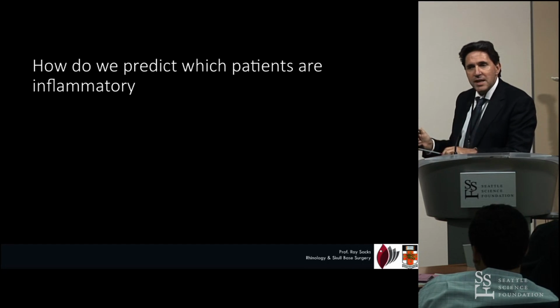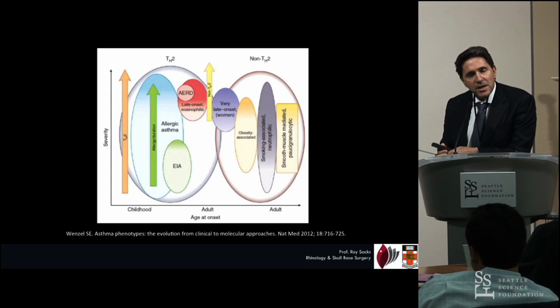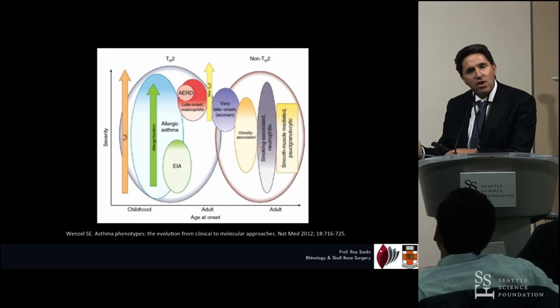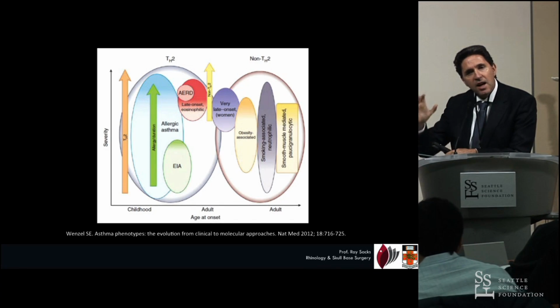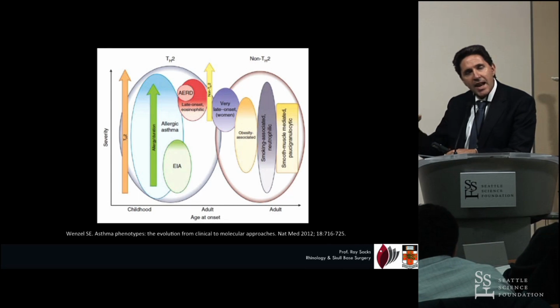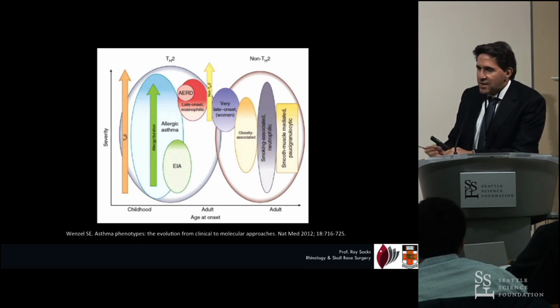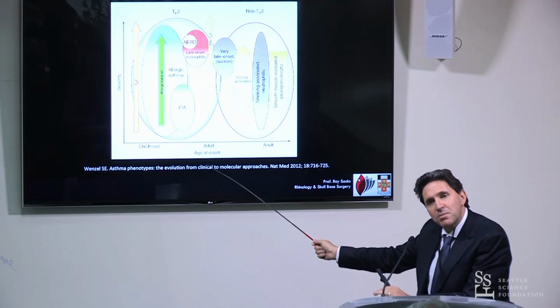So how do we predict which of our patients are inflammatory? Well, let's look at the asthma literature, because in asthma there's huge funding. So much research has gone into asthma over the years, and they've got a really good understanding of what's going on in inflammatory airways disease. And we can take what we've learned from the asthma literature and apply it to sinus inflammation. The respiratory physicians are well aware that there are different kinds of asthma, and they manage them differently.